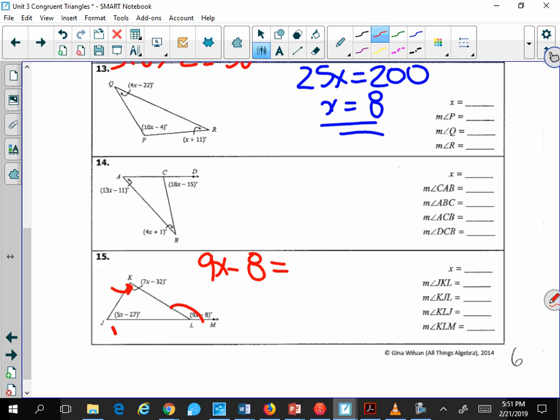Well, they gave those to me. So I'm going to say 9x minus 8 equals 7x minus 32 plus 5x minus 27. And then I'm doing the exact same thing. I'm going to solve for x and then plug into each of those angles to find out what they are.